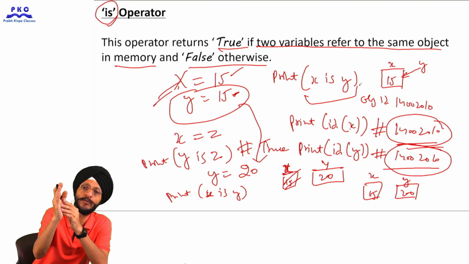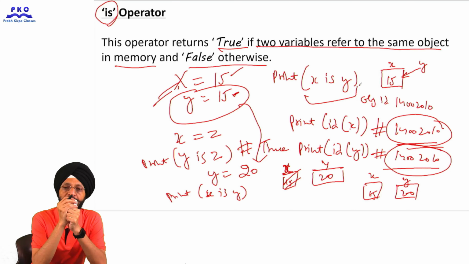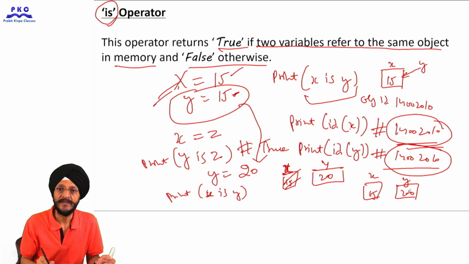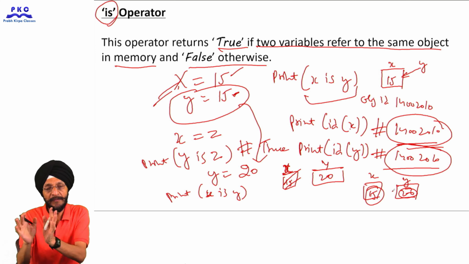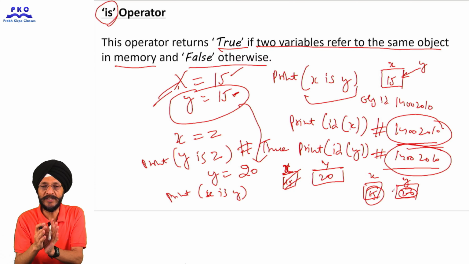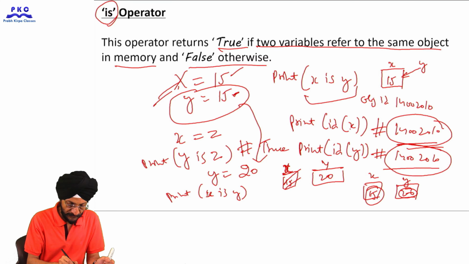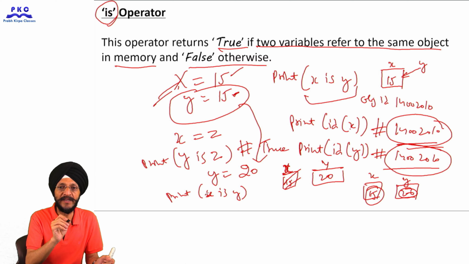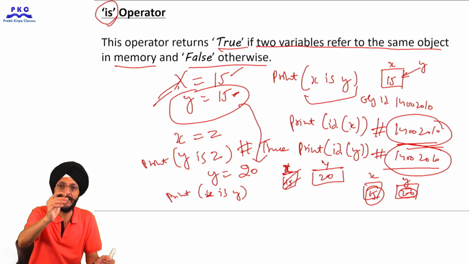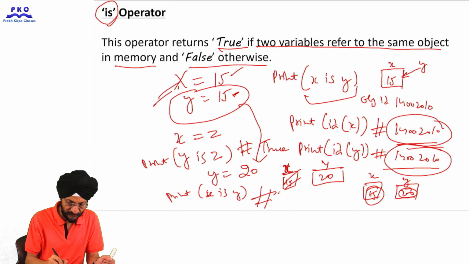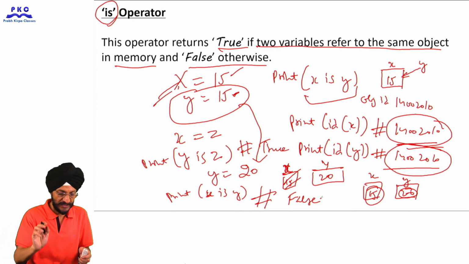They were referring to the same object in memory. But now x and y have different objects, and their memory locations are different. So when we use x is y, the output given will be false because the memory address has changed.